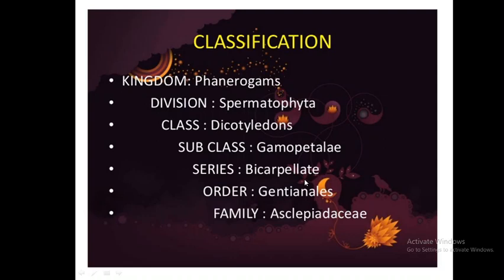Kingdom Phanerogams, division Spermatophyta, class Dicotyledons, subclass Gamopetalae, series Bicarpellatae, order Gentianales, and family Asclepiadaceae. Here, this is the classification of this family.